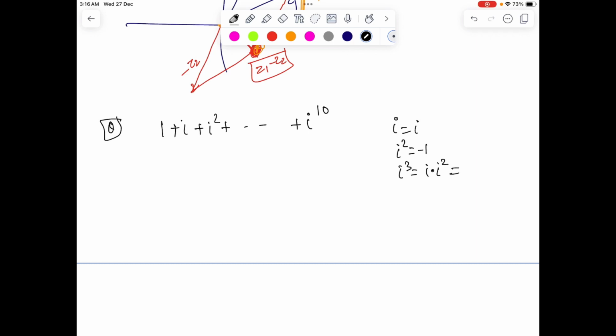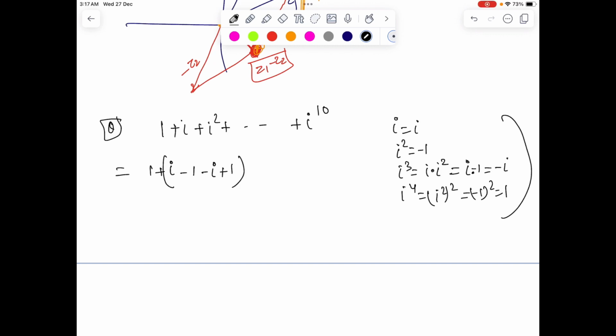We can use all those basic rules of algebra. So i into minus 1, so minus i, and i to the 4 is i square times i square, which is minus 1 whole square is 1, and things repeat, right? So it's 1 plus i minus 1 minus i plus 1. So from i to i to the 4, we'll have one cycle.